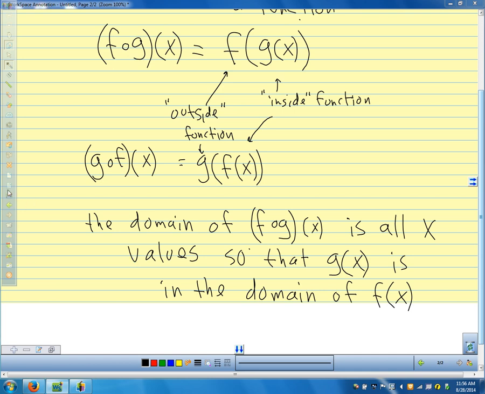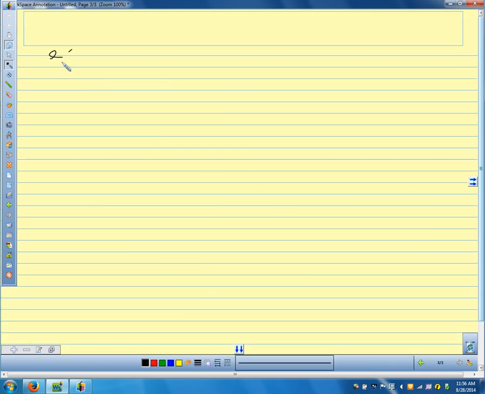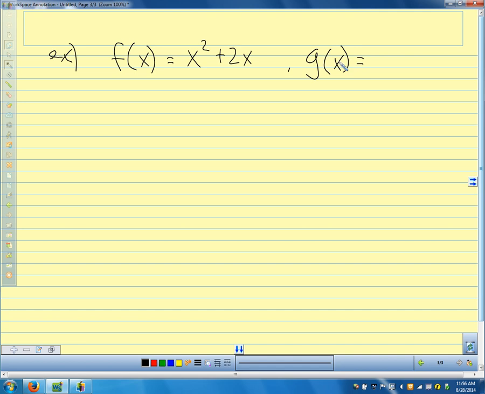All right, examples. Let's form some compositions. Let's say that f of x equals x squared plus 2x, and g of x equals 2x plus 1.